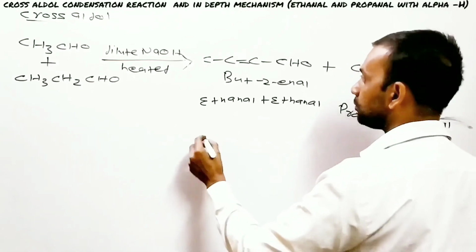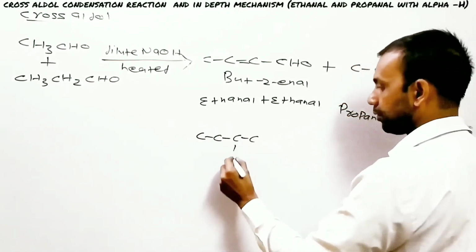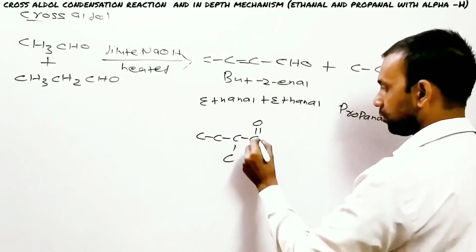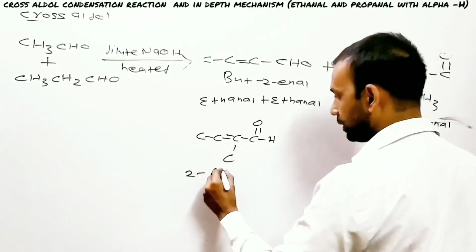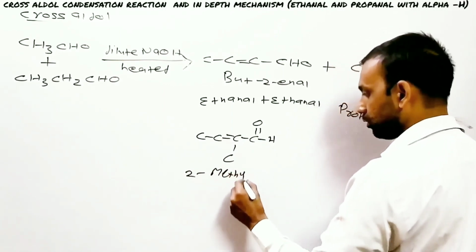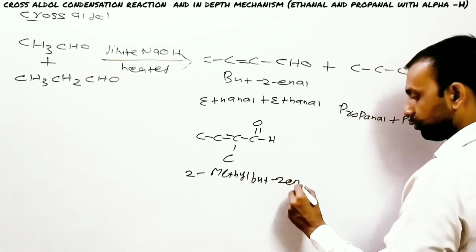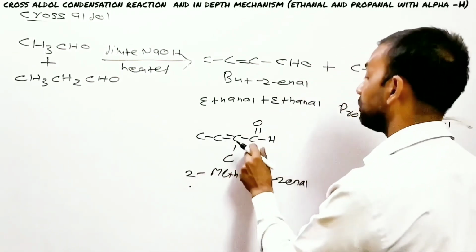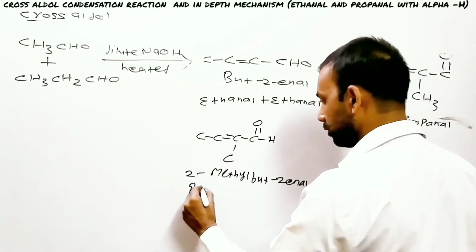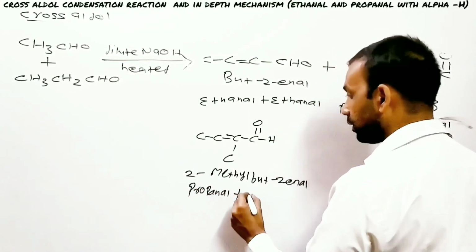Similarly, this is your 2-methyl butanol, and this is coming from propanol plus ethanol.